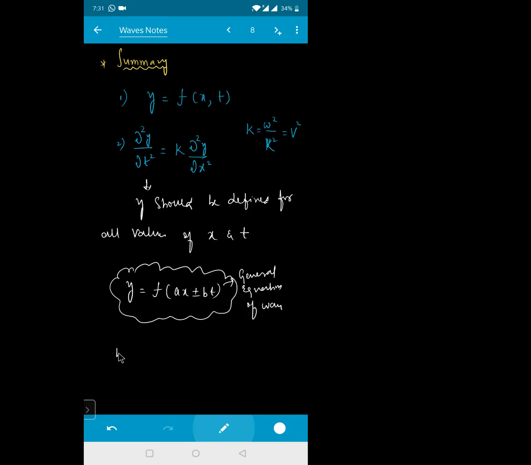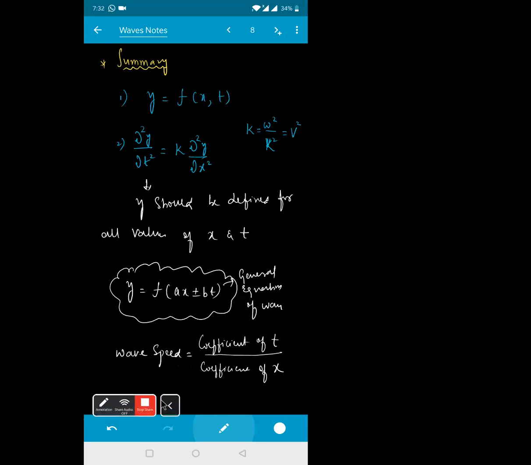Okay, and wave speed is given by a formula. Just remember here, wave speed will be equal to the coefficient of t divided by the coefficient of x.